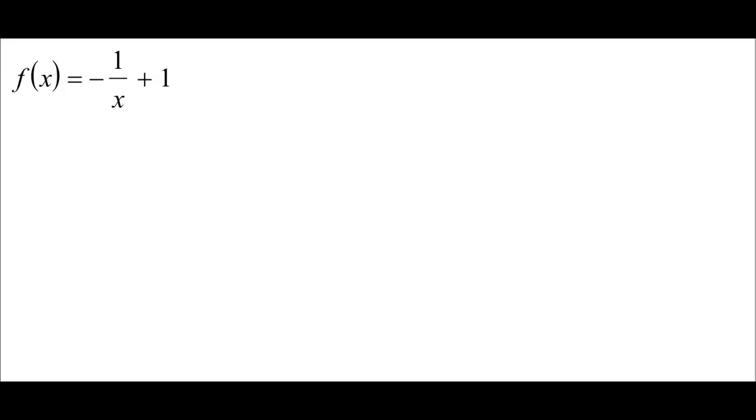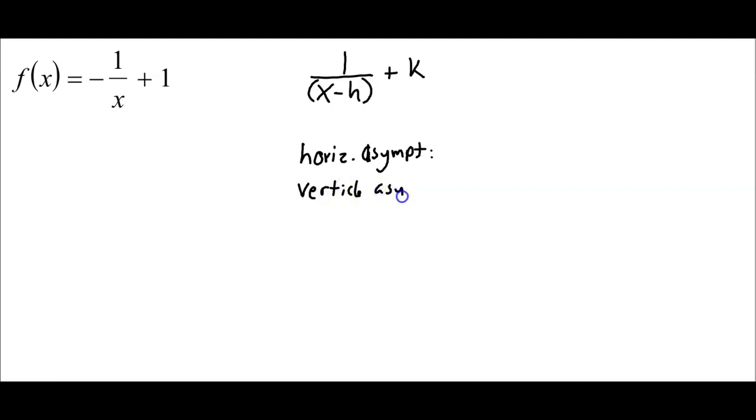Next, we'll talk about graphing. For these problems, they're going to be set up in the following fashion. The H represents the, well, actually, let me write this out first. We have two asymptotes, a horizontal and a vertical one. The H will tell you what the vertical asymptote is. You have to remember to change the sign of the number there, though, because there's a minus in front of it.